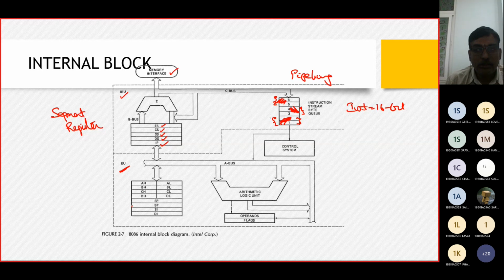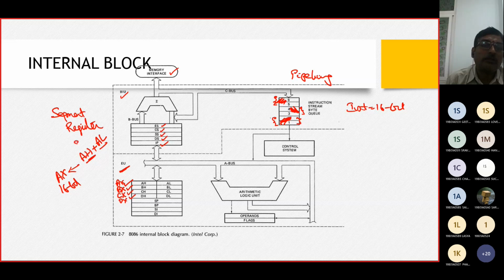execution unit. In this execution unit, we discussed the accumulator, base register, count register, data register. We called them AX, BX, CX, and DX. And AX is 16 bit, and this 16 bit is made up of the high order bits of the accumulator and the low order bits of the accumulator.